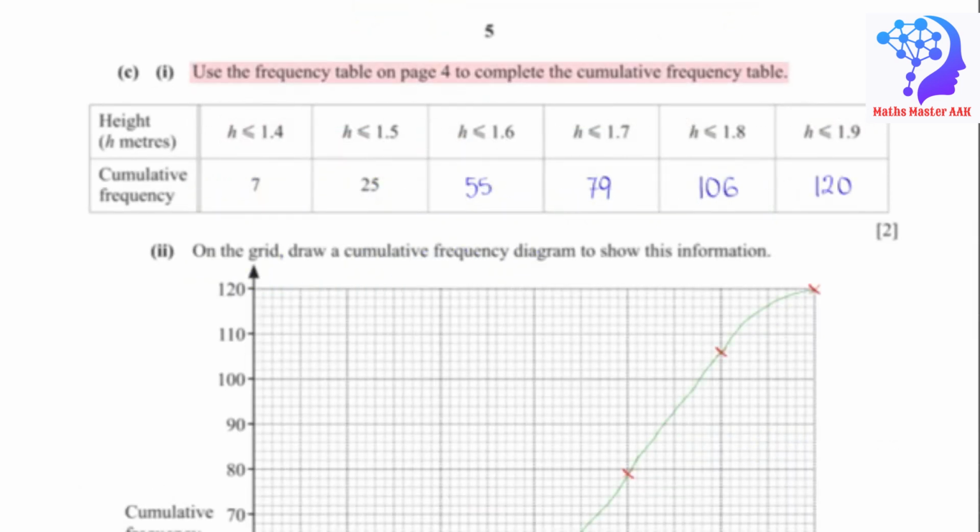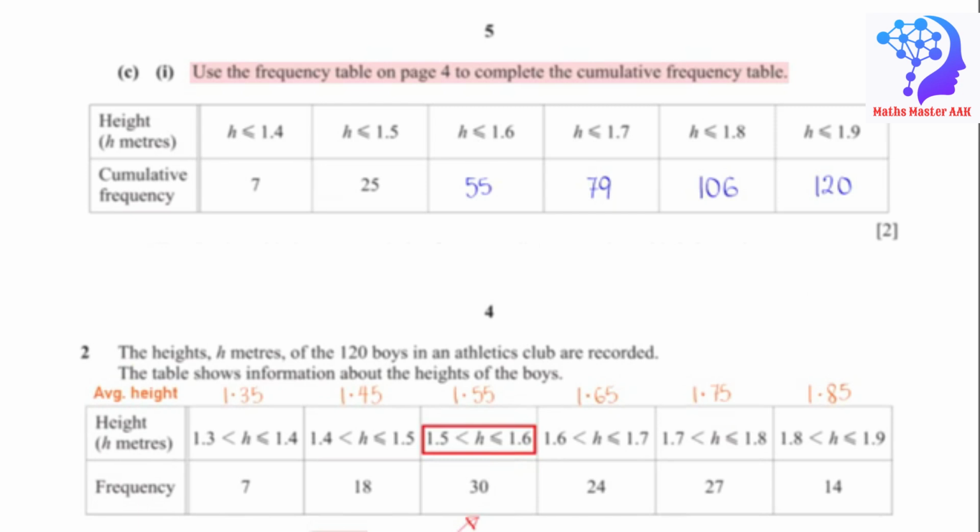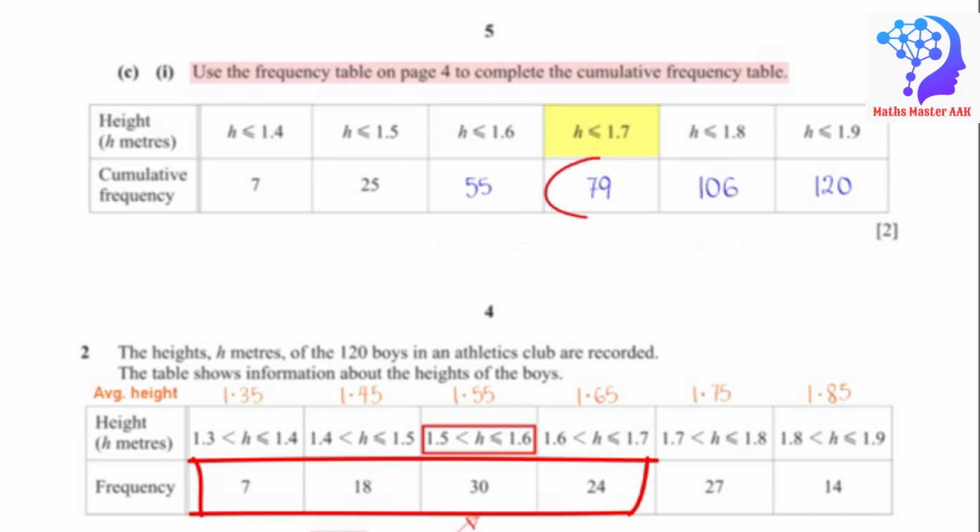Use the frequency table on page 4 to complete the cumulative frequency table. For height less than or equal to 1.6, we have 7 plus 18 plus 30 being equal to 55. For less than or equal to 1.7, we have 7 plus 18 plus 30 plus 24 giving us 79.